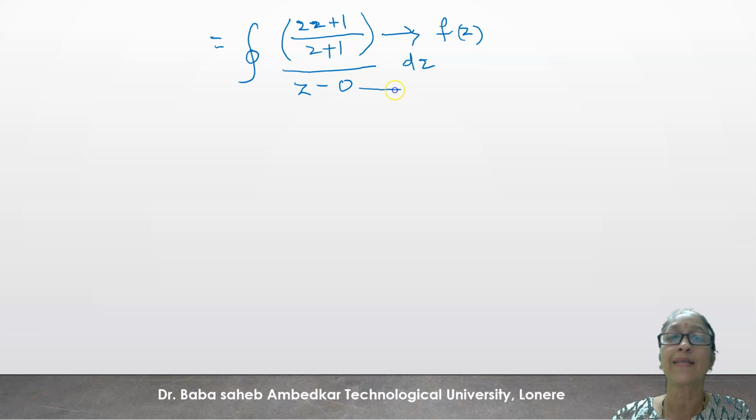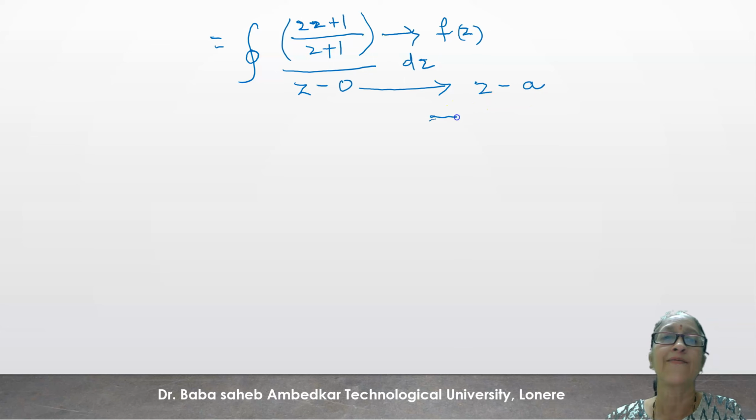So what is this? This is in the form of z minus a, right? So here, if you compare these two, what is the value of a? 0. Okay, so z equal to 0. So here the value of a is 0. So in that formula, put a equal to 0. What is that formula? Integral of f(z) by z minus a dz equals 2 pi i into f of a.